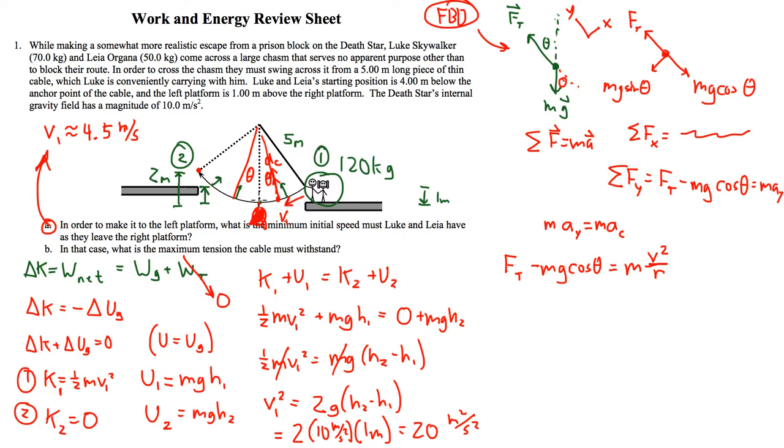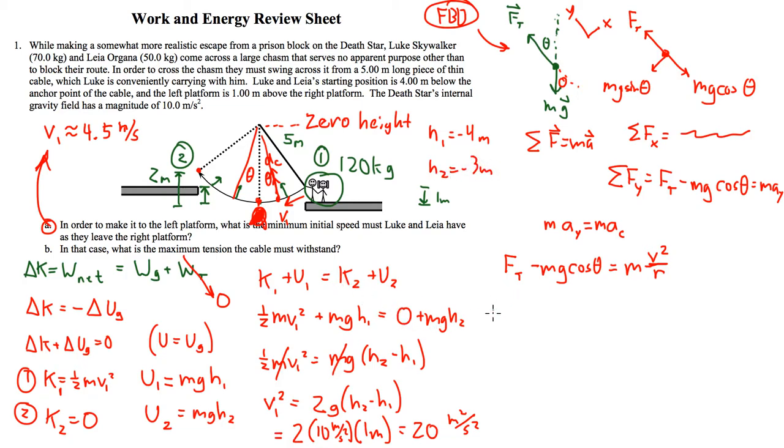And by the way, if you're thinking, wait, isn't the tension just greatest at the bottom? Yes, in fact, it is. So if you want to just say that, that's great. I'm just going to define this as my zero height level. So then H1 is -4 meters, H2 is -3 meters.